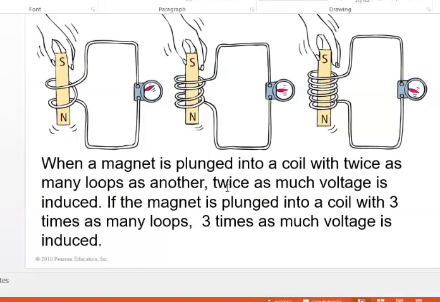If the magnetic field and magnet are the same and the speed of movement is the same, still you want to have larger induced EMF or voltage, then you must increase the number of turns.